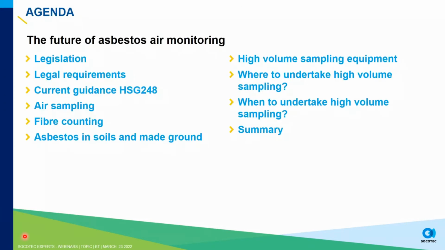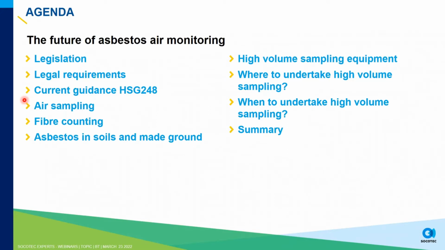To start off then, this morning I'm going to cover three broad areas. I'm going to focus first of all on legislation and legal requirements and the current guide, so a real quick recap on legislation. I'm then going to talk about current air monitoring and fibre sampling techniques using phase contrast microscopy.